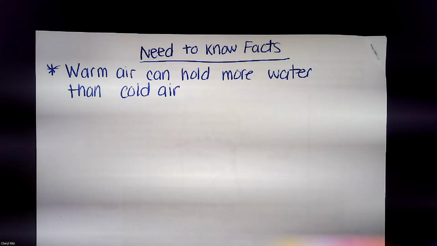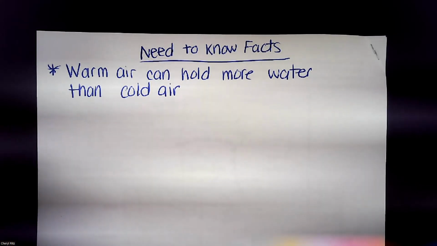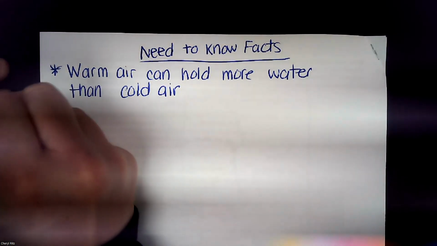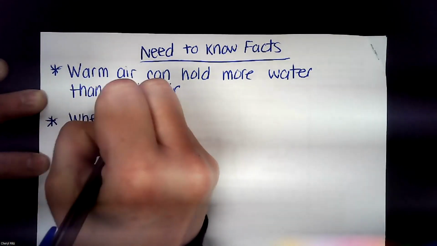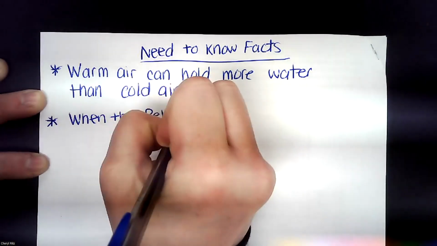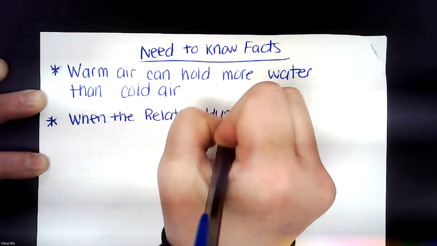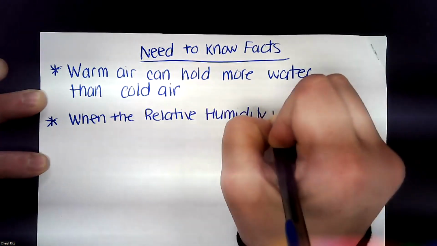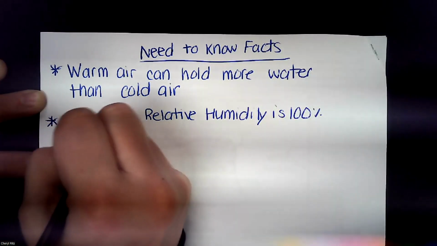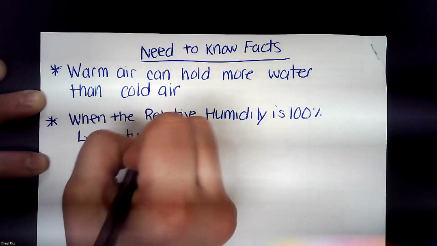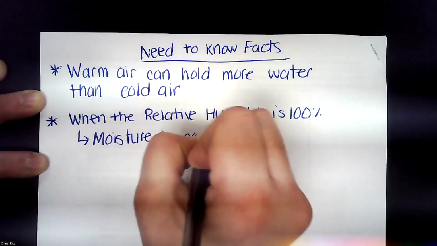What happens at 100% humidity? Dew or rain or snow, moisture. That's another need to know fact. When the relative humidity is 100%, moisture is coming out of the air.